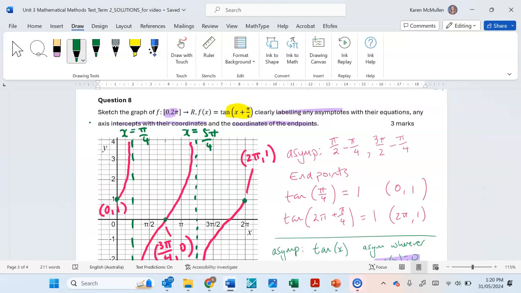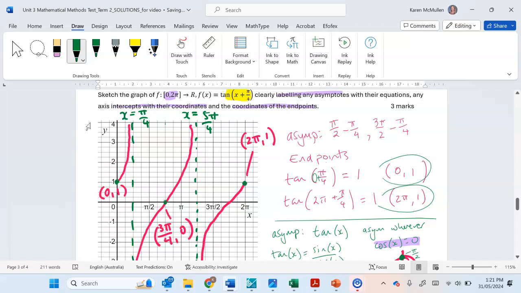Substituting in 0 here, so 0 plus pi on 4, and then 2 pi plus pi on 4. So just getting these values, knowing your exact values, tan pi on 4 is easy to remember because sine and cos are both the same there, so when your numerator and your denominator are the same. So that's why our endpoints are (0, 1) and (2 pi, 1).